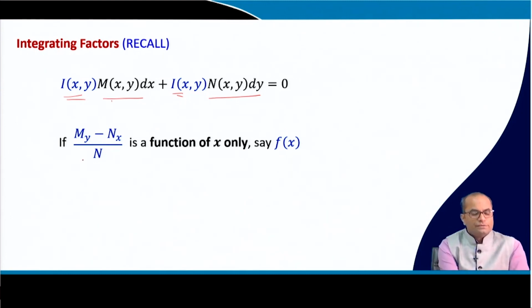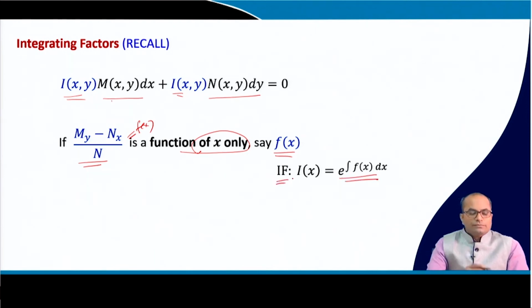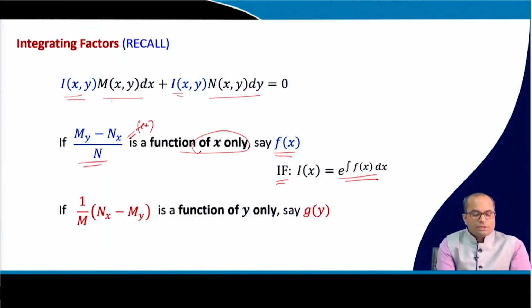One was that if (My minus Nx) divided by N is a function of x only, and let us call this term f(x), in that case e to the power integral f(x) dx becomes the integrating factor of the M dx plus N dy equation.